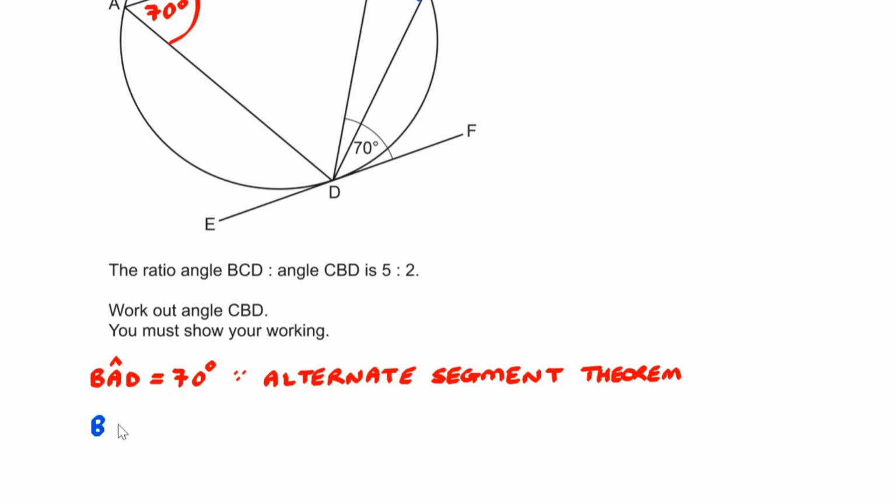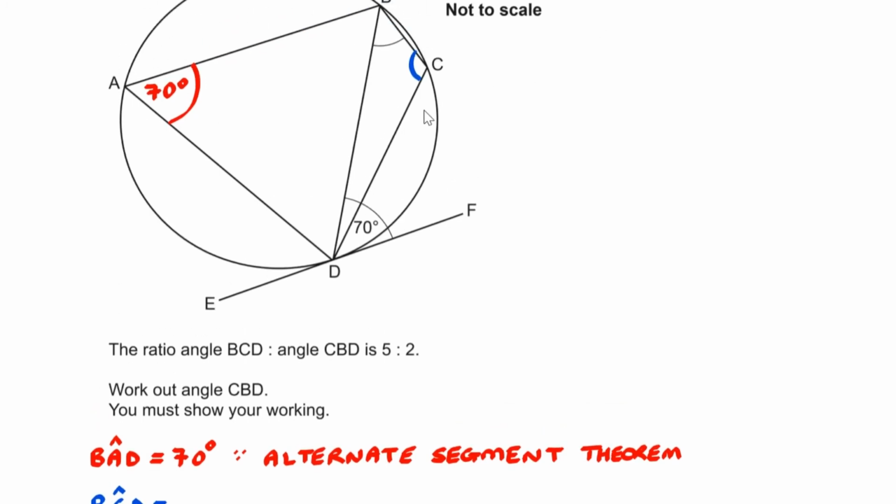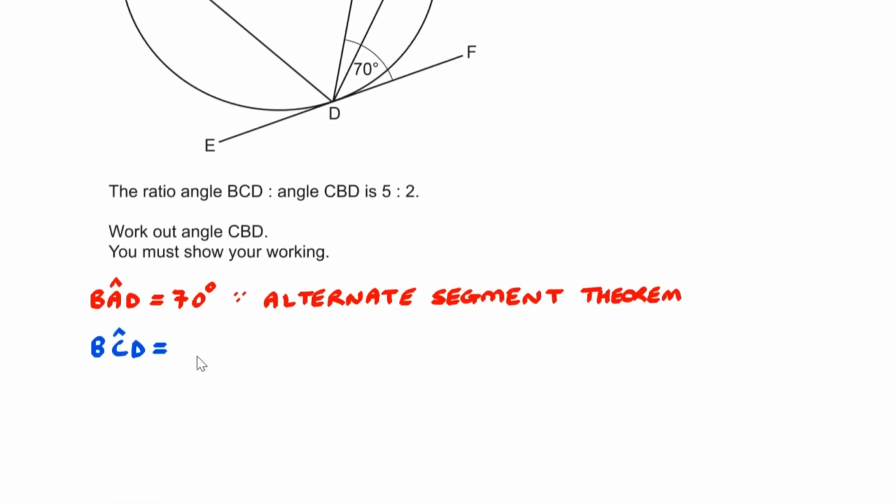The angle BCD will equal, now here we need to be careful, we've got the opposite angles in a cyclic quadrilateral adding up to 180, so here we would have 180 degrees, subtract the 70 degrees, which is equal to 110 degrees.